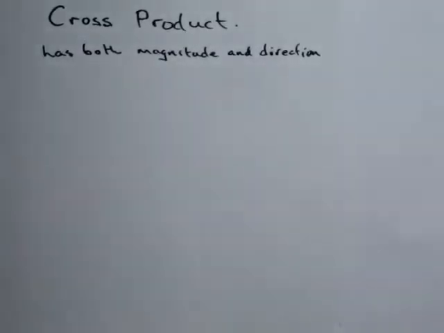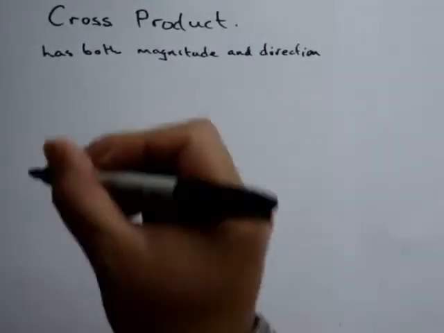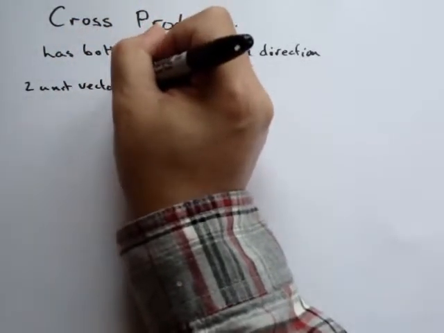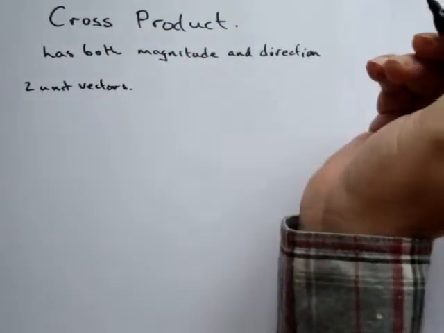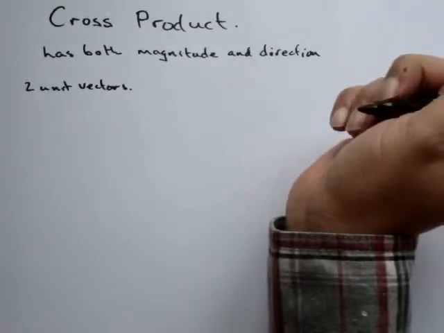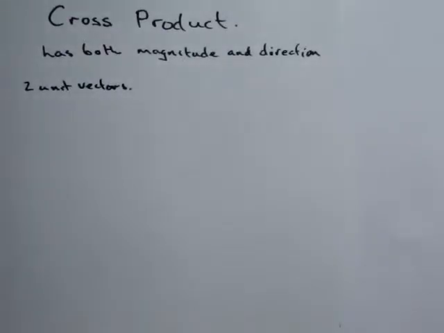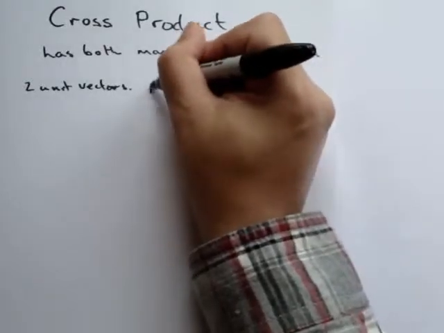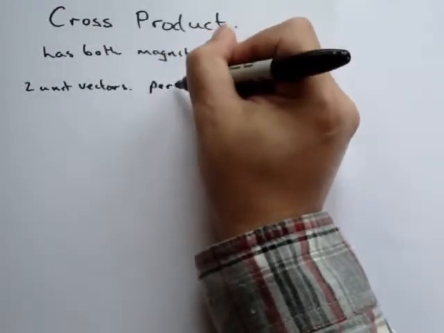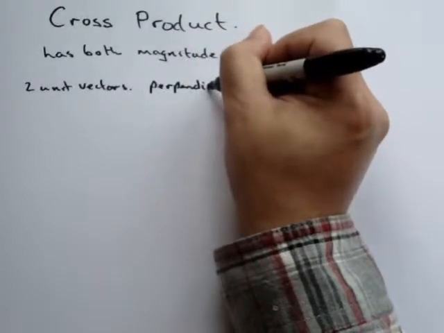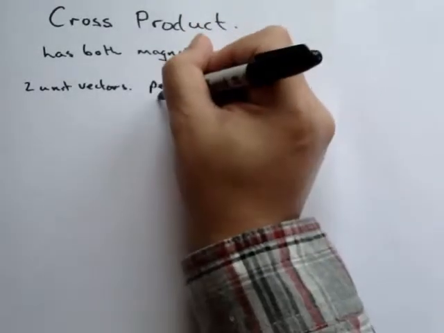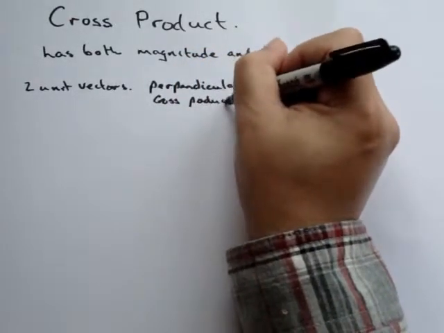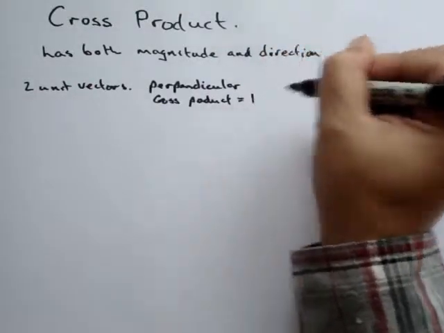If we're discussing two unit vectors and they're perpendicular, then the cross product will be 1.